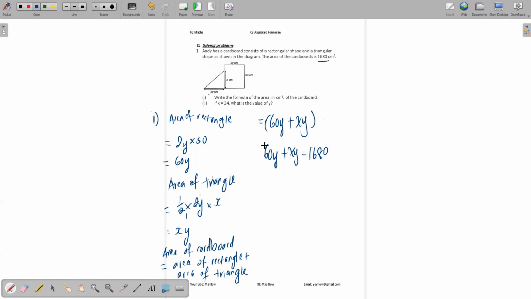Okay. So in the second part, we just need to substitute. So what is the value of y if x equals to 24? So we have 60y plus xy equals to 1680, right? So let us substitute the x in. So 60y, now your x, just let me use other colors so that you know we substitute in.